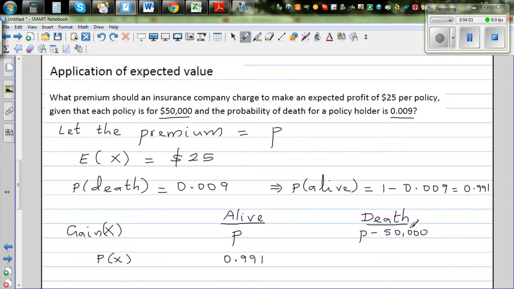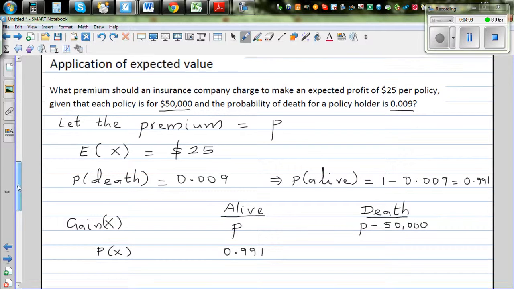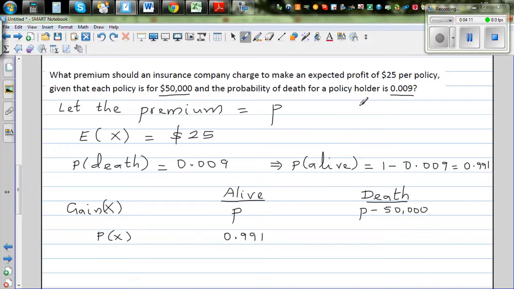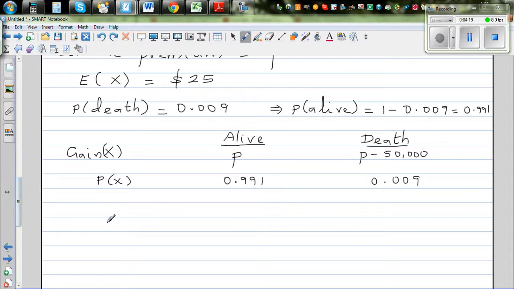So they would have to pay 50,000, but they would have got the premium from the person who has died, unfortunately. The probability for that to happen is 0.009.